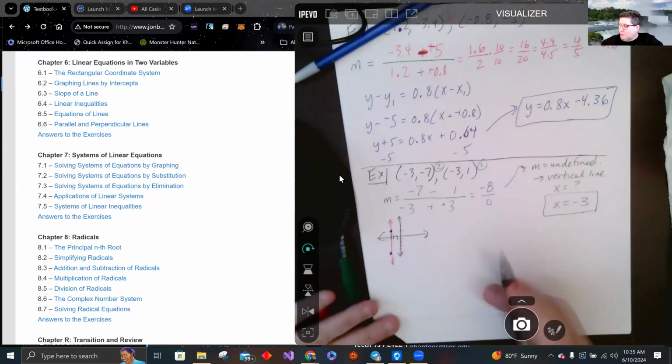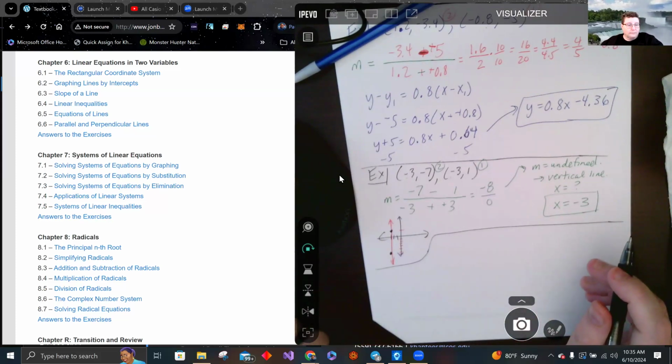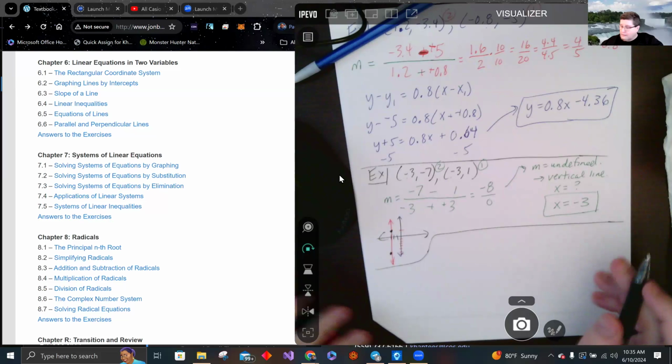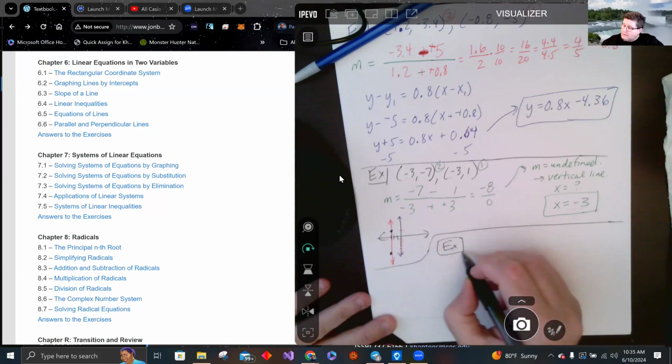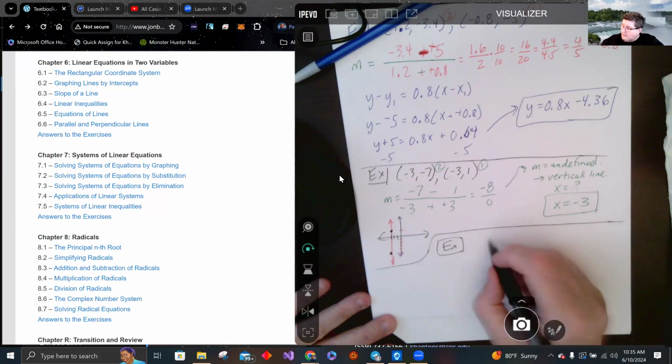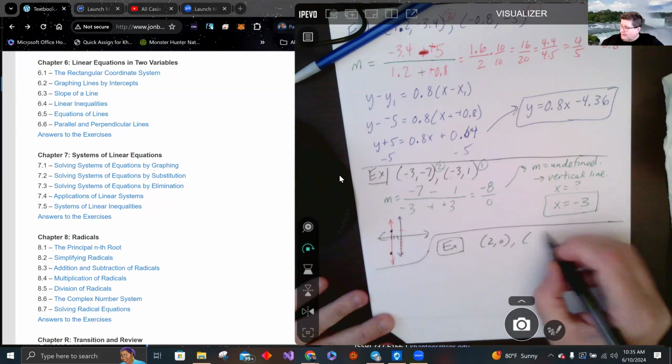A doodle, if you will. All right, next example. 2, 0, and -3, 0.